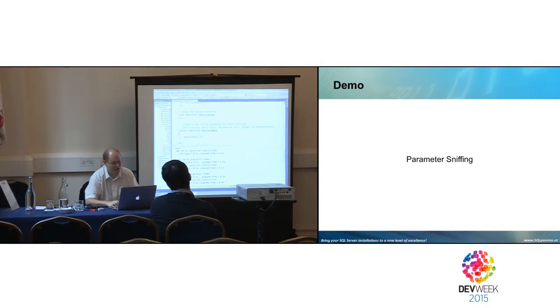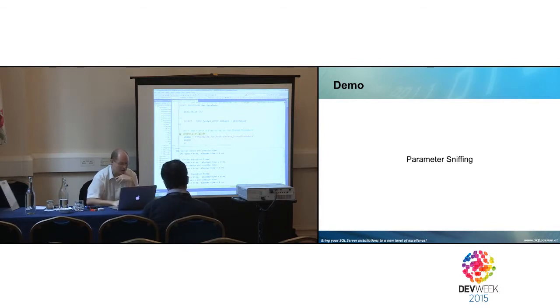Imagine now we have our original stored procedure, and we can't change that stored procedure, and we can't work on our indexing strategy. Imagine you have a third-party application that executes a problematic statement, but you can't change anything. What you can do in that case is create a so-called plan guide.